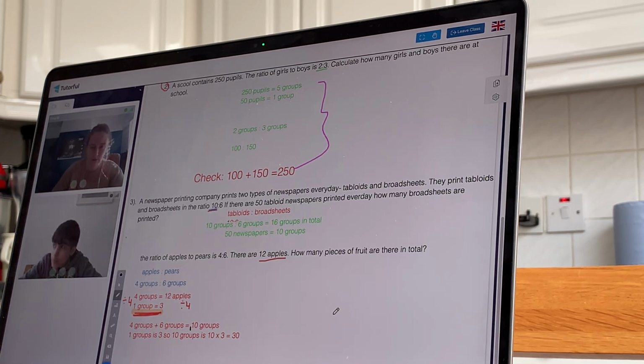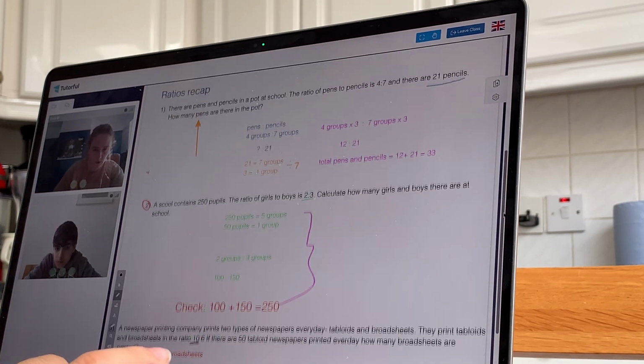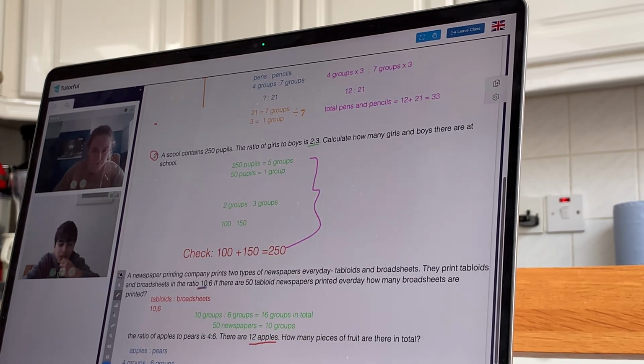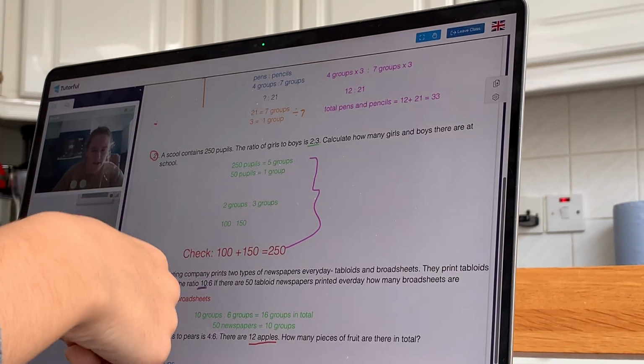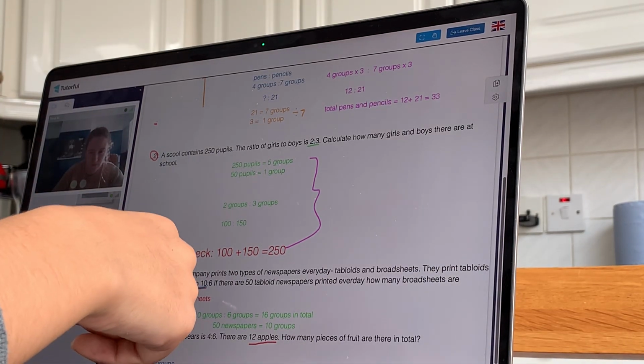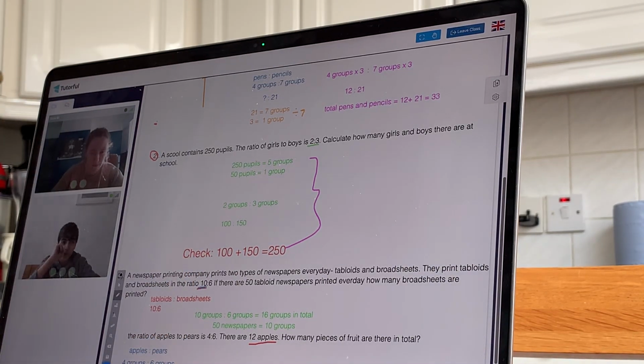I'm just going to move this over here. There we go. So tabloids to broadsheets. Do you see the difference? So the 10 is the tabloids and the 6 is the broadsheets.